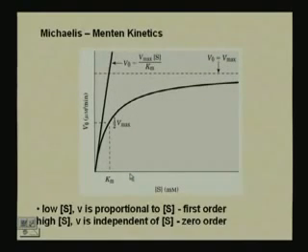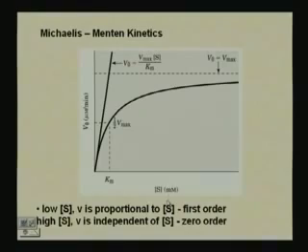Okay? So basically what we're looking at is a picture like this. That's exactly what happens. We have the velocity and we have the substrate concentration. As you increase the substrate concentration, you are going to have saturation. Why? You are talking about an enzyme. It is a protein. It has a limited number of active sites. Okay?